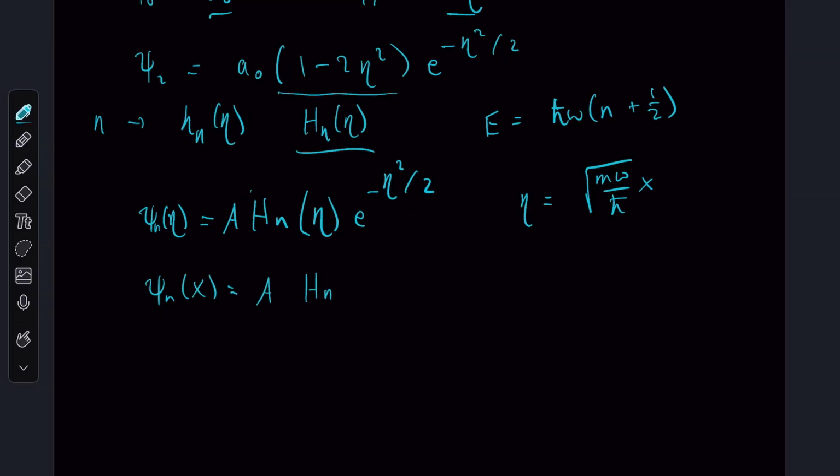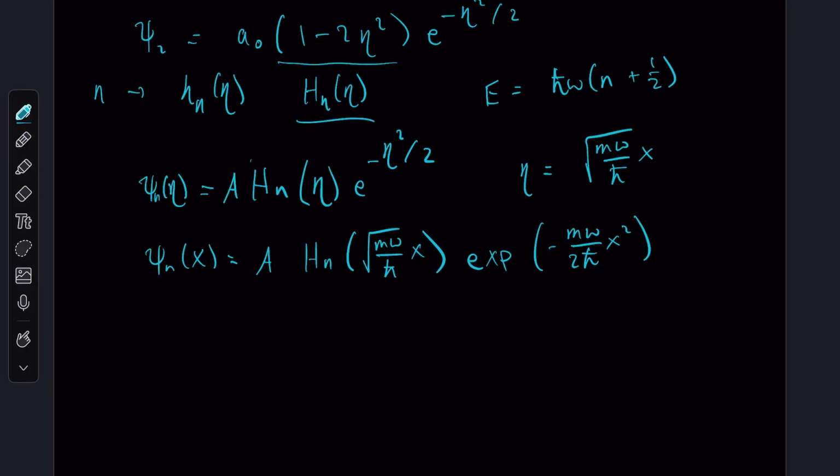We have this Hermite polynomial with respect to this value, and then this exponential, which should now look familiar. This is the solution we got in the algebraic method as well. So it's the exact same solution.